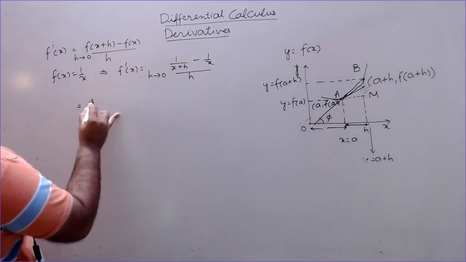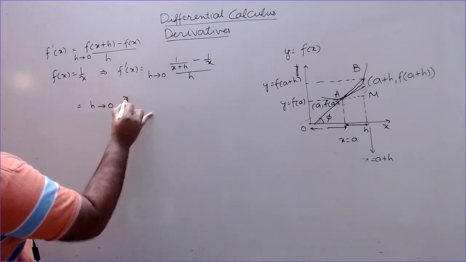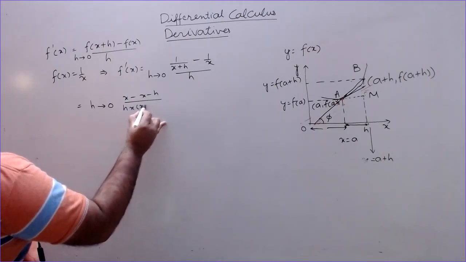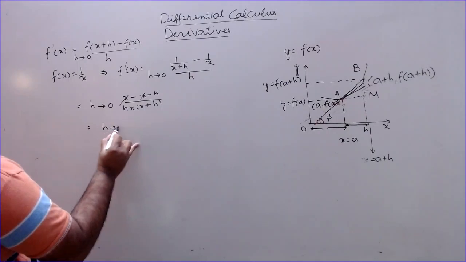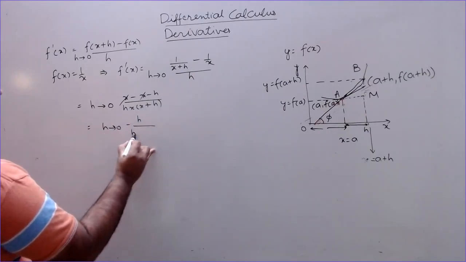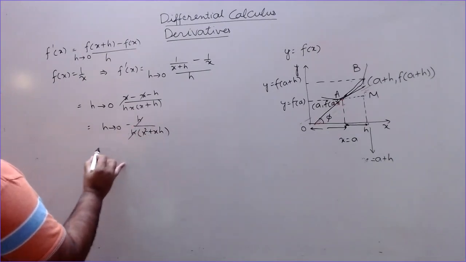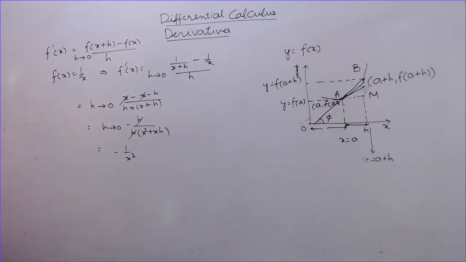So this is equal to the limit of (x minus x minus h) divided by h x (x plus h), which is x squared plus xh. h will be cancelled out. By putting the limit, this is equal to minus 1 by x squared.